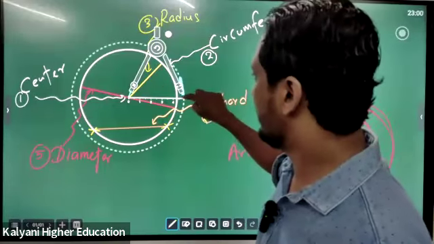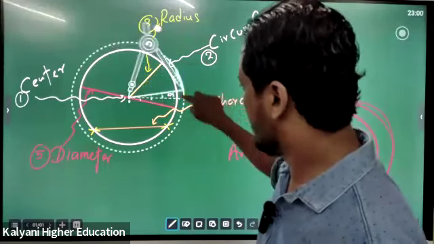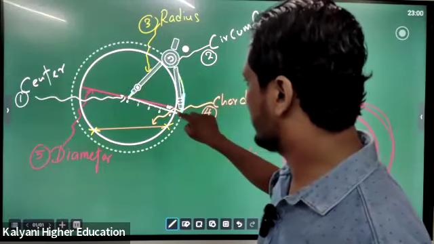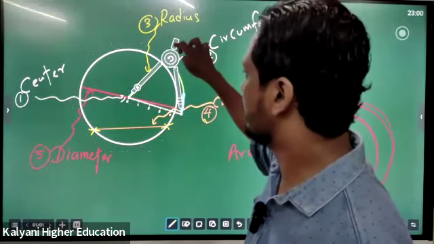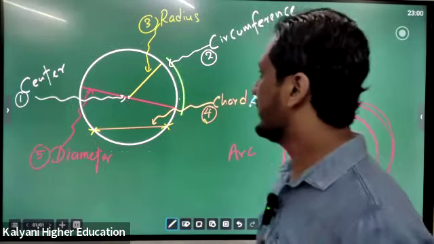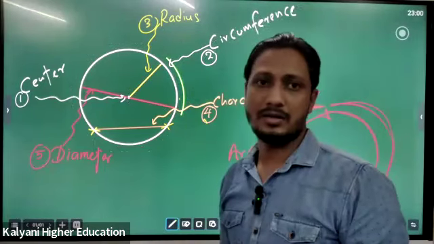If I draw it from here to here, it's a small part. So which arc can we say it is? Minor arc.